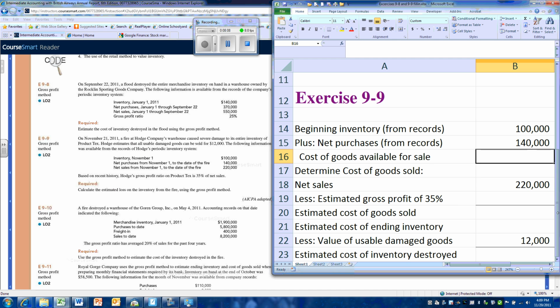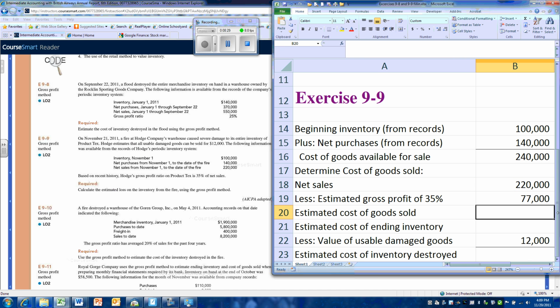We're going to take the beginning inventory, add in our net purchases, and that gives us goods available for sale at $240,000. Our sales for the period were $220,000. We're going to multiply that by a gross profit of 35%.